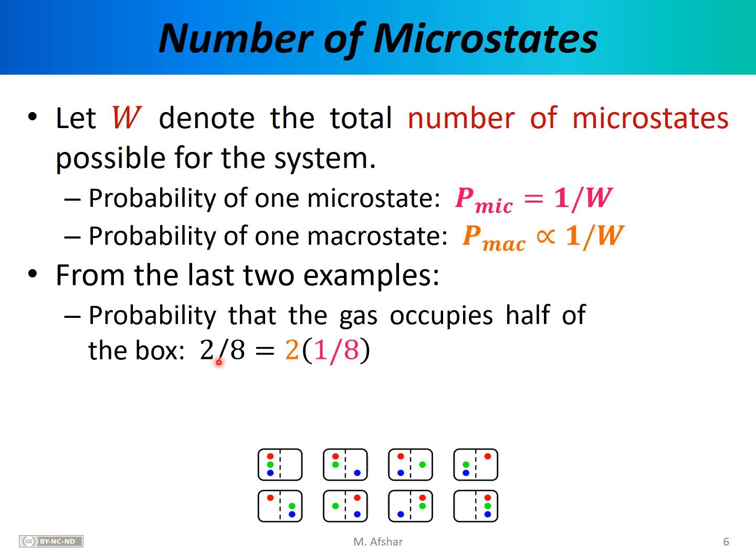That 2/8 can be expressed as 2 times 1/8. So 8 is the number of microstates, 1 over W, and 2 is the number of microstates that correspond to the property of interest.